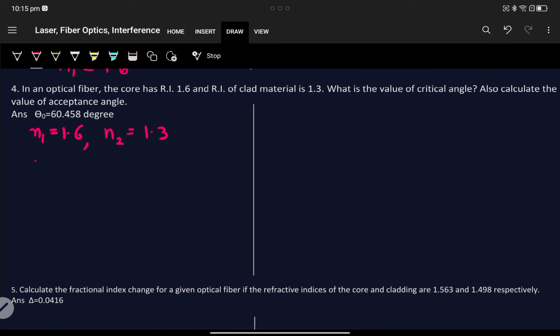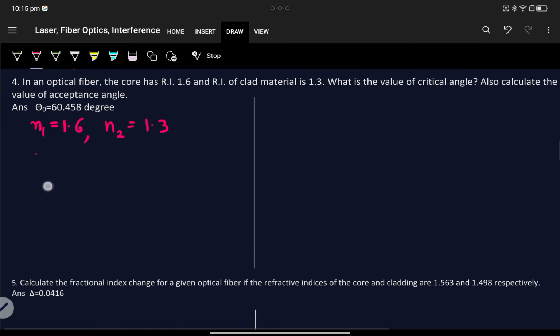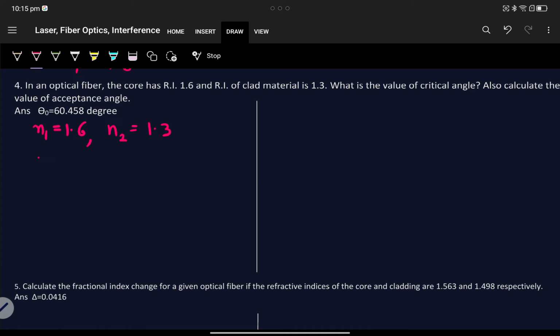In an optical fiber, the core has a refractive index 1.6, and the cladding has a refractive index 1.3. We need to find the value of the critical angle. Now we know the formula for the critical angle as theta C equals sin inverse of N2 divided by N1. So when we substitute the values, we'll get sin inverse of N2, which is 1.3, divided by 1.6.